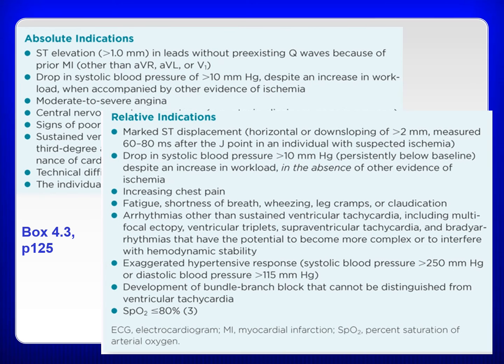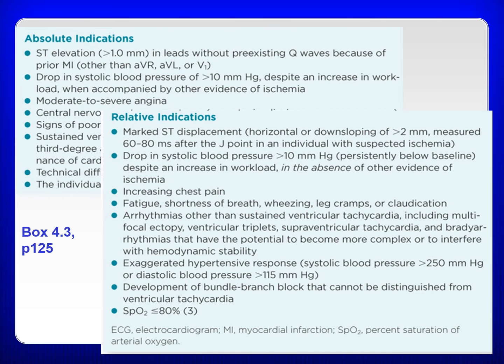Relative indications would be if you have horizontal or downsloping ST segment, and this is again something that you get trained with clinical exercise testing. You see a drop in the systolic blood pressure of more than 10 millimeters without seeing ischemia.